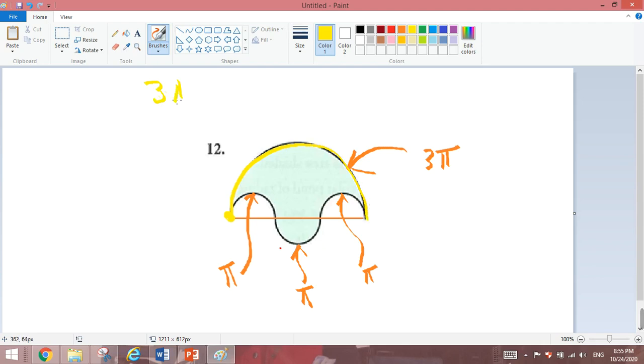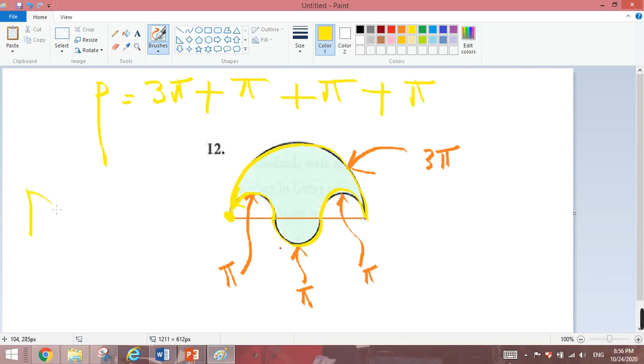So this is 3 pi, and remember the perimeter is adding all sides to close the shape. And if I go up all around to here, plus pi, and if I carry on until here, plus pi, and back to the starting point, plus pi.